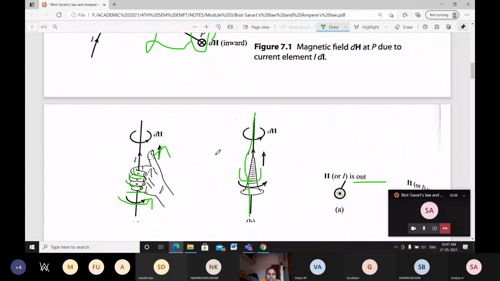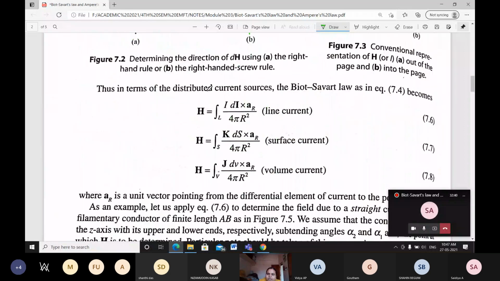Then in terms of distributed current sources, the Biot-Savart law equation, for line current, will change as H equals, in terms of vectors, all these equations, you can write as H with a bar, here in bold letter.